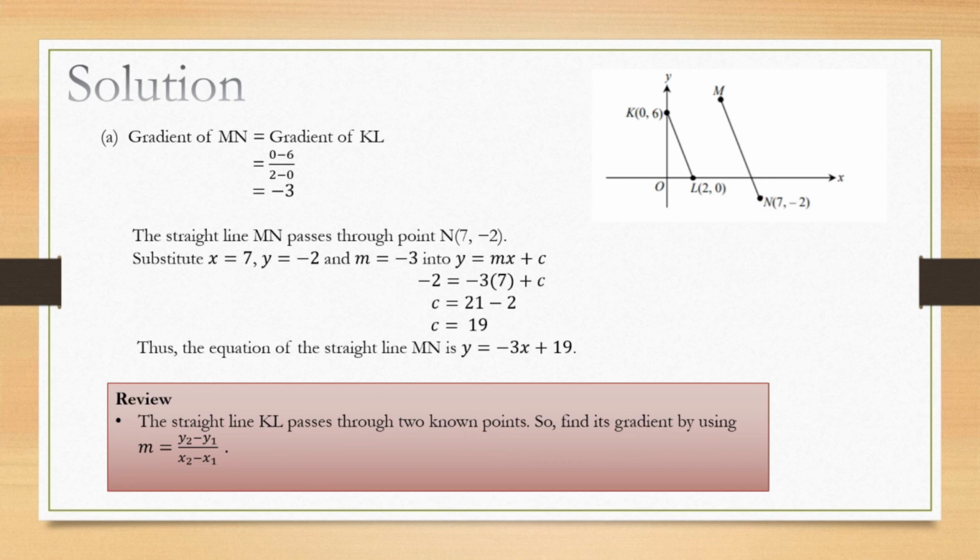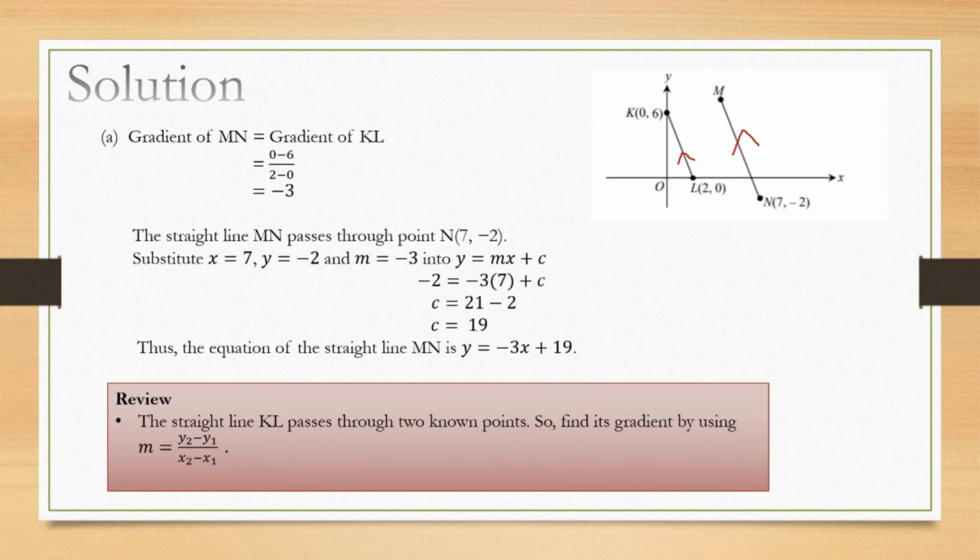Next, we look at the solution for A. Since KL is parallel to MN, we know that they have the same gradient, which is gradient of MN equals to gradient of KL. By substituting the points in line KL into the gradient formula, the gradient of MN is equal to negative 3. Now, we want to find the y-intercept of the straight line MN. We will use the formula y equals to mx plus c.